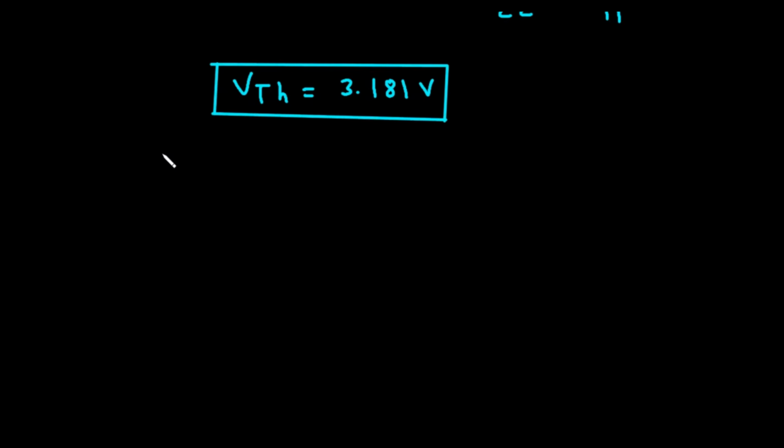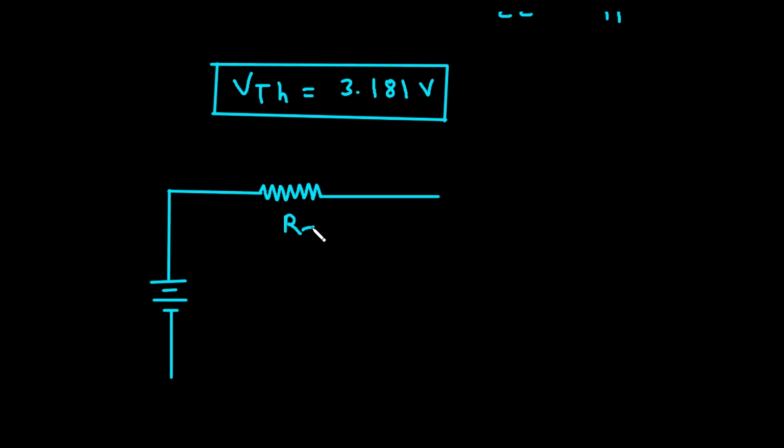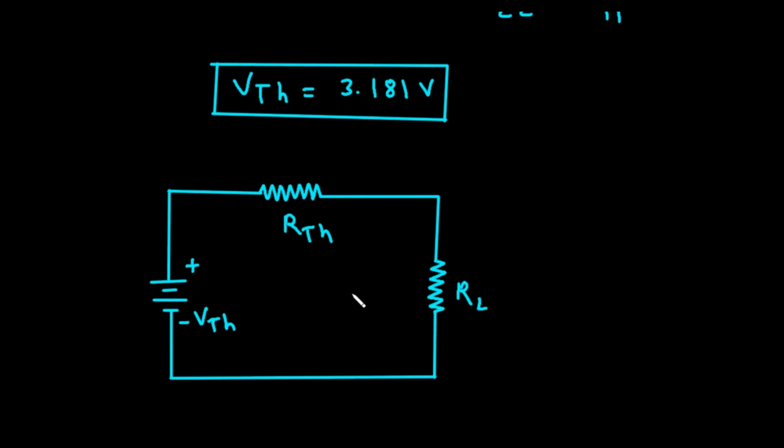Now let's draw the Thevenin equivalent circuit. So for the Thevenin equivalent circuit we need VTH. So this is our VTH. Now this is our RTH. And this is our VTH. This is the positive terminal, this is the negative terminal, and this is our load resistor RL.